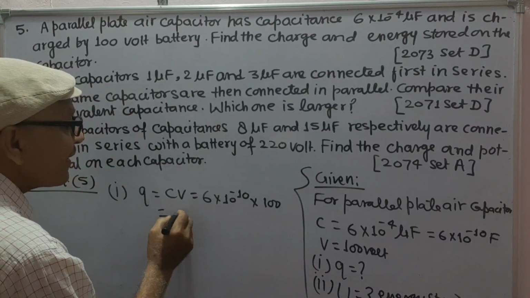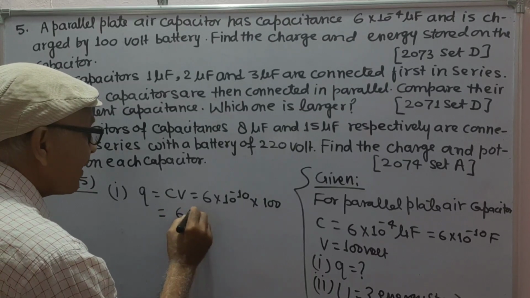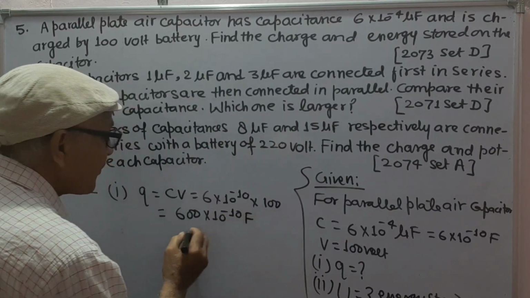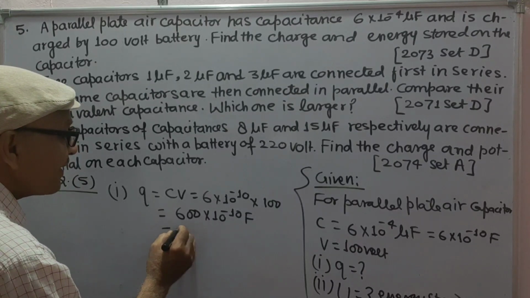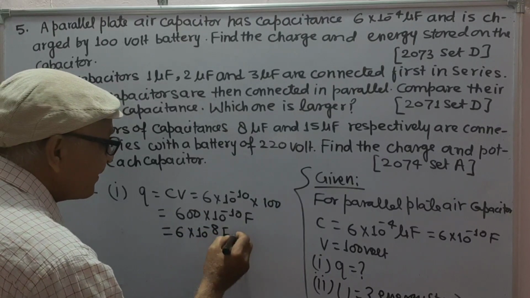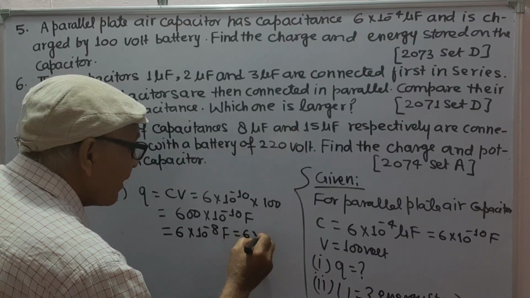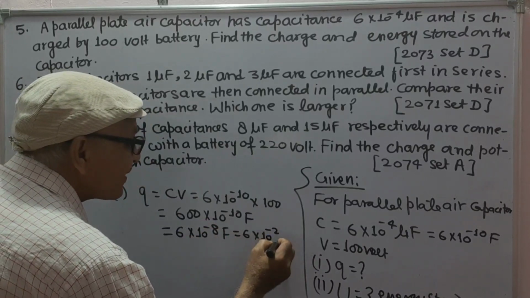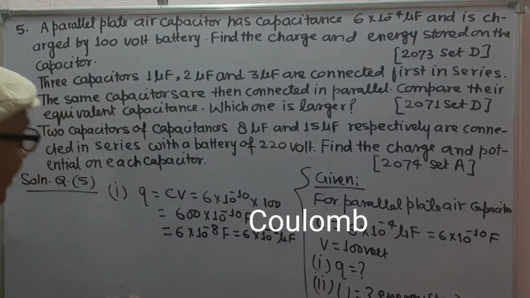So it becomes 600 into 10 to minus 10 farad, which may be written as 6 into 10 to minus 8 farad, or 6 into 10 to minus 2 into 10 to minus 6 farad, which means 6 into 10 to minus 2 microfarad.